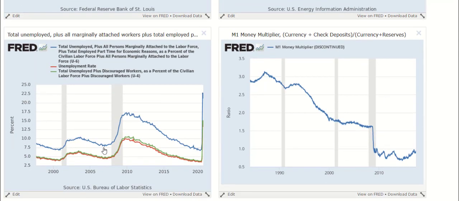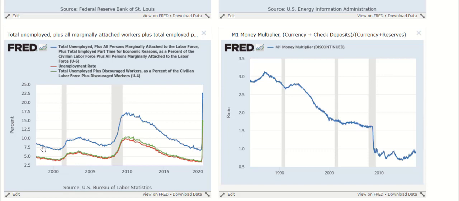Here's unemployment rates. Now, this is an interesting graph. There's various forms of unemployment that we really don't get into too much here. But here is total unemployment, and that's called literally total unemployment. It's in the blue line. And the unemployment rate that you hear about in the press is called the unemployment rate. It's the official unemployment rate called U6. Believe it or not, you got these funny things.